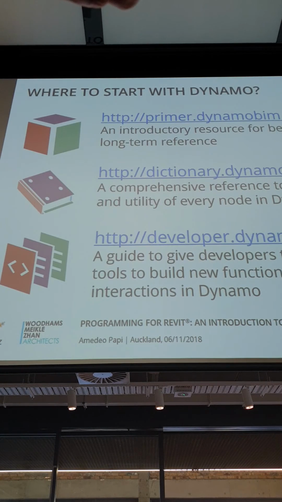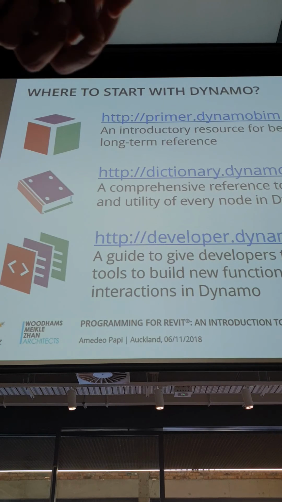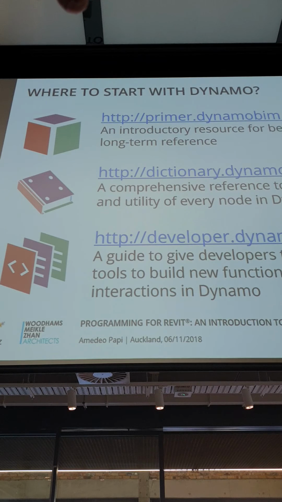And you have those very comprehensive guides around, made by a competent community. The first one is the primer, so it's the introduction. Most of the things that you saw are taken from the primer. The dictionary is a collection of all the Dynamo nodes that you can have.